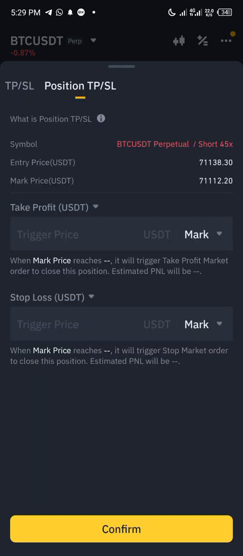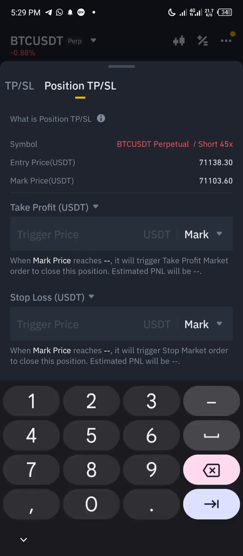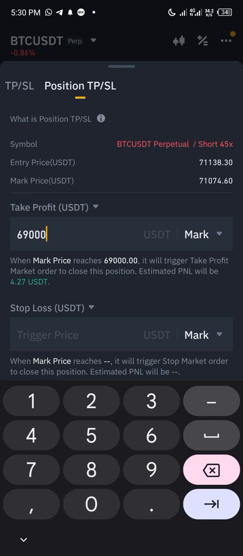When I click on position TP or SL, which is take profit or stop loss, let's say I want to take my profit if the price of Bitcoin falls. I entered the trade at 71,138. Let's say I want to exit the trade if the price of Bitcoin falls to $69,000.